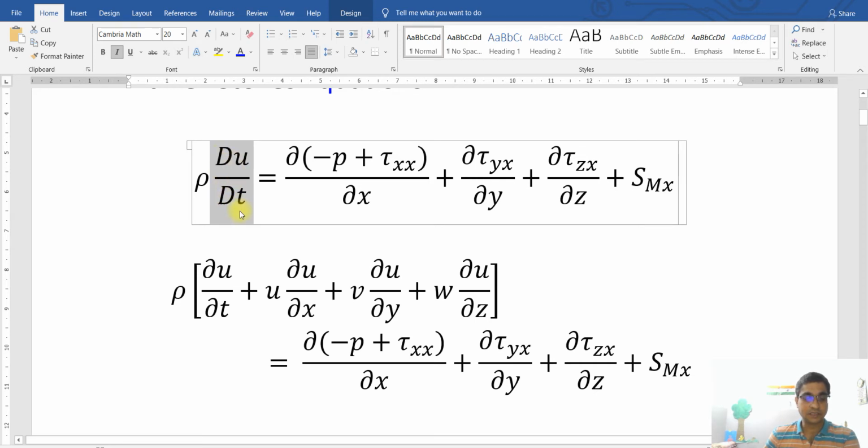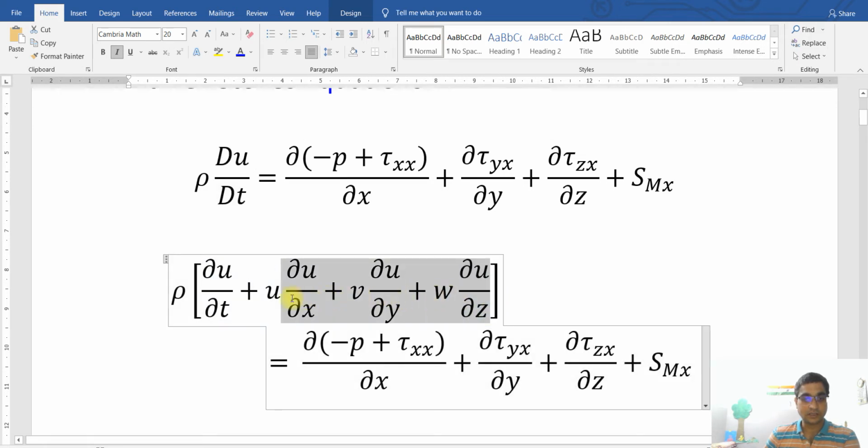The substantial derivative can be written as del u over del t plus u times del u over del x plus v times del u over del y plus w times del u over del z. This is actually a rate of change of momentum, rho times velocity divided by time. As you can see here, u is a function of both time and space.